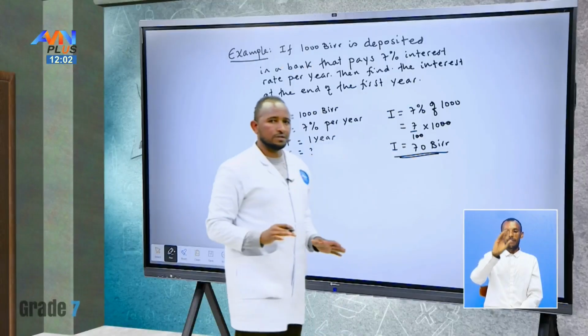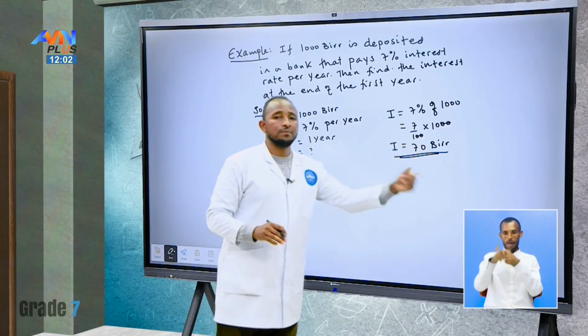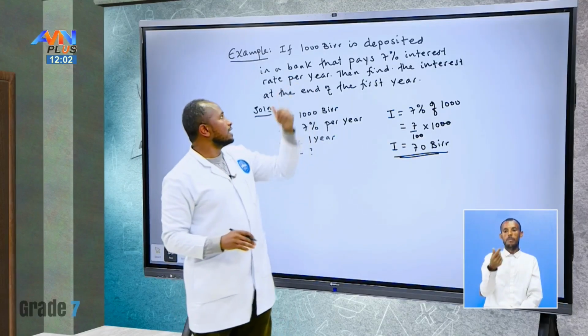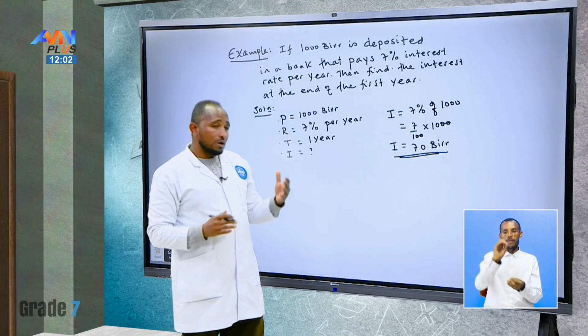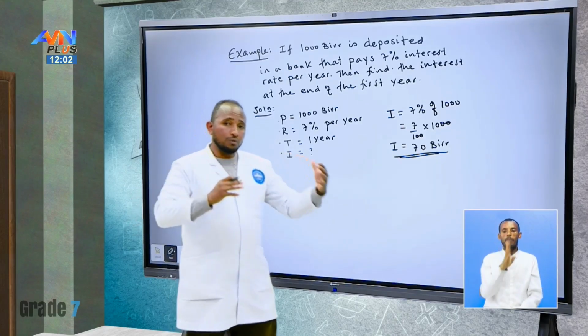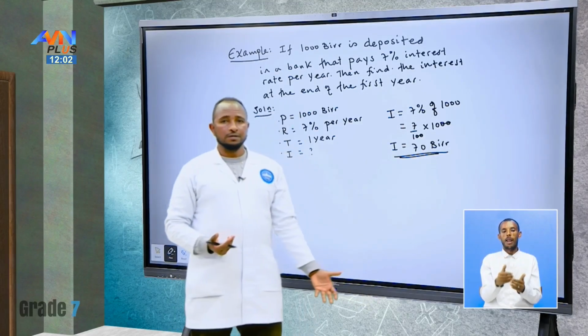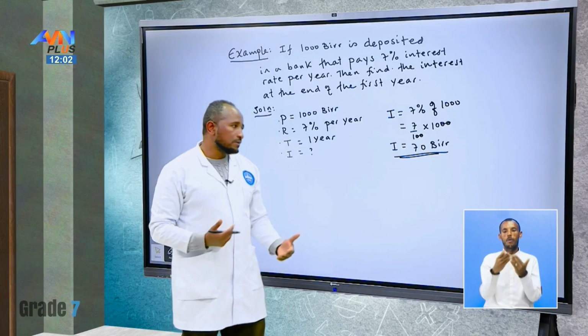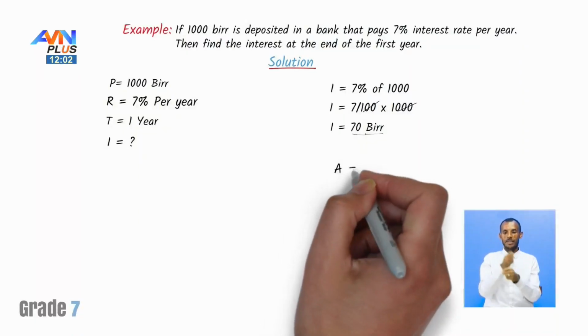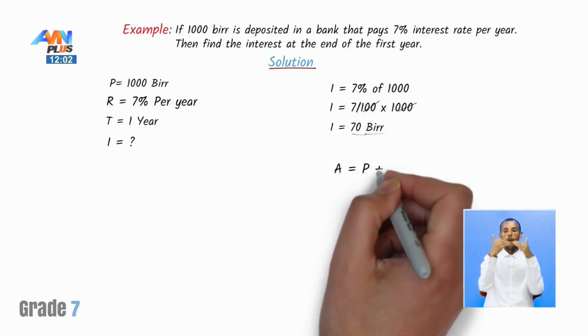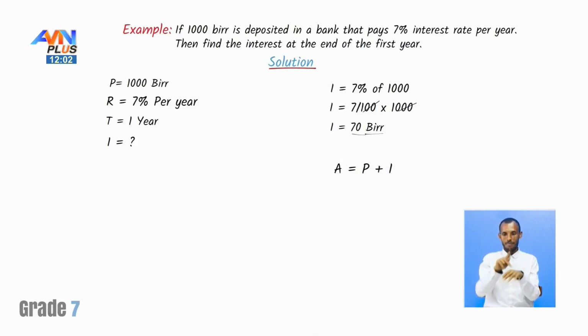At the end of the first year, the bank pays you 70 birr in addition to the original 1,000 birr. So what will be the total amount at the end of the first year? It is the original principal plus the interest earned in the first year.